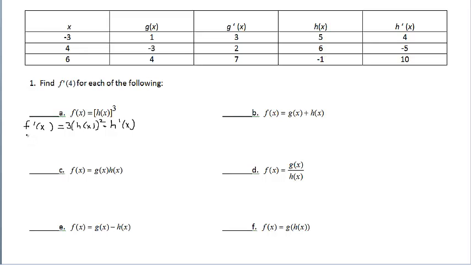Okay, so next, since we've done our differentiation, we're going to evaluate this function at 4 as requested. So everywhere we see x in the derivative, we'll replace it with 4.